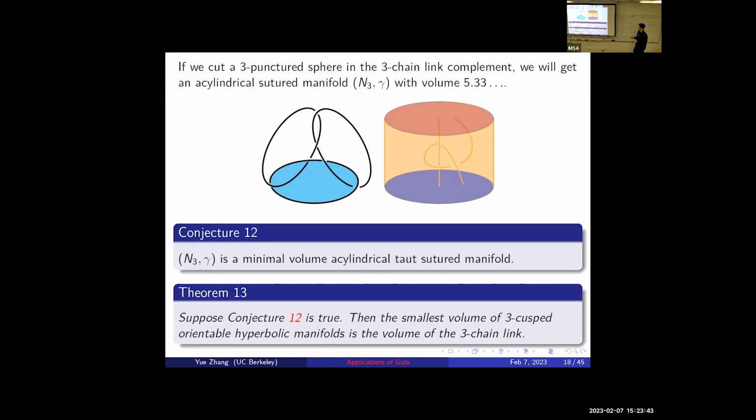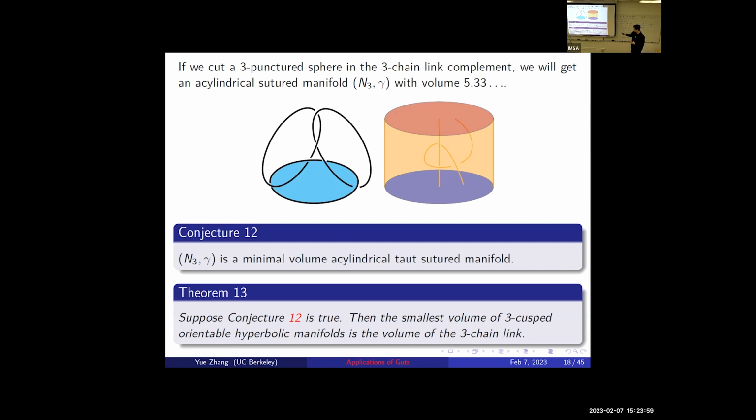All right, and so here's what I just mentioned before. People conjecture that the Whitehead chain link complement has the minimal volume.